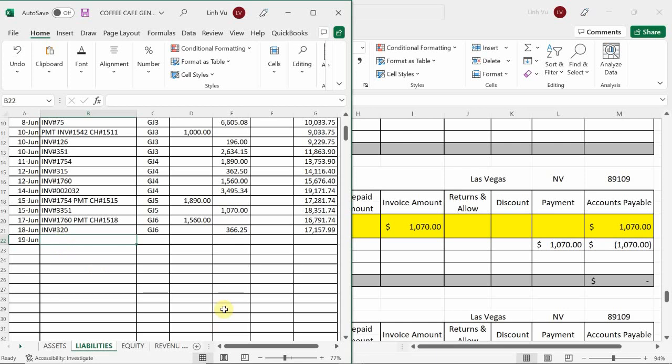Payment for invoice 3351, check number 1520, and then page 8. And then it is a debit, so it reduces the amount. Now your accounts payable balance went from $17,000 to $16,087.99.